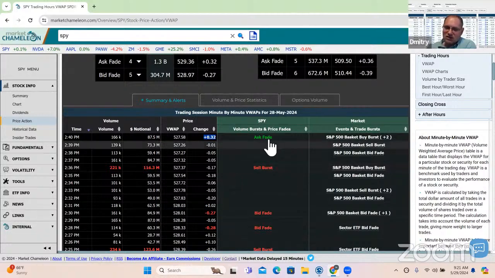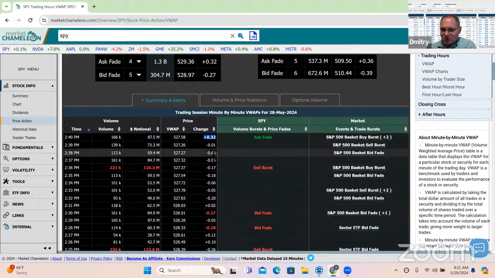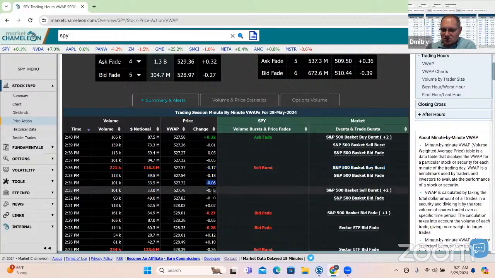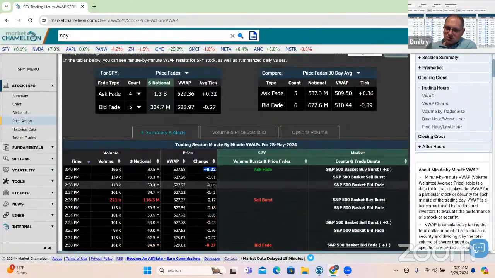Here we could see that tick is 4 times greater than we usually see. You could see around here, we have 5-cent changes, a penny, 17 cents, 6 cents, 5 cents. So you could see here that 32 cents is an unusual tick from one minute to the next.